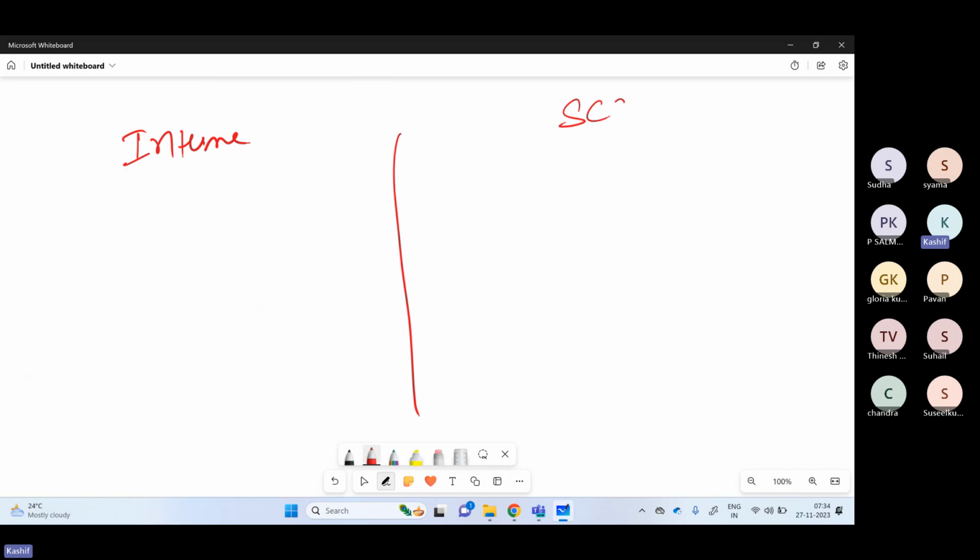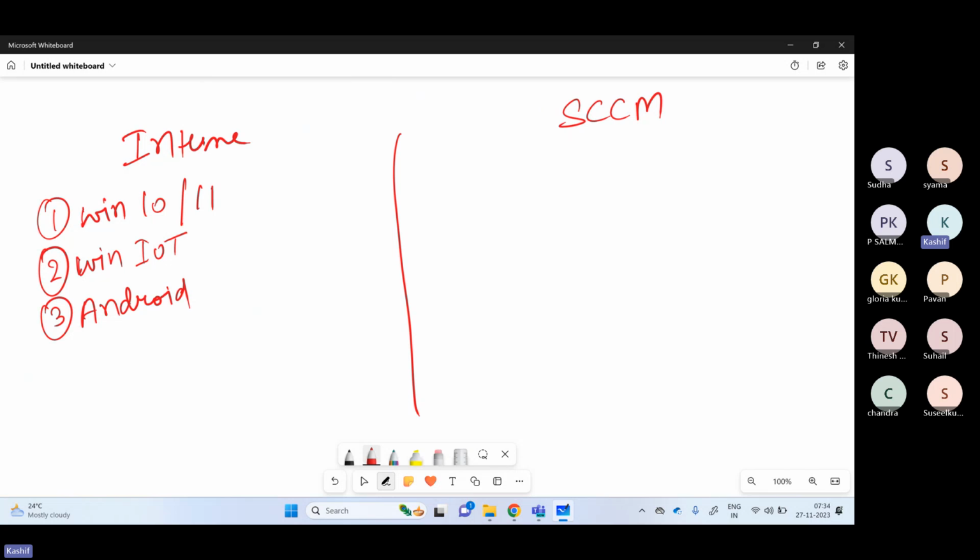So from Intune, you can manage Windows 10, Windows 11, Windows IoT devices, Android devices, iOS devices, Mac computers, Linux, and Chrome OS. These are the operating systems you can manage from Intune.